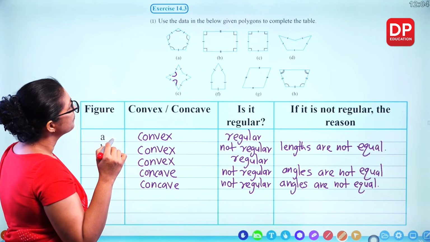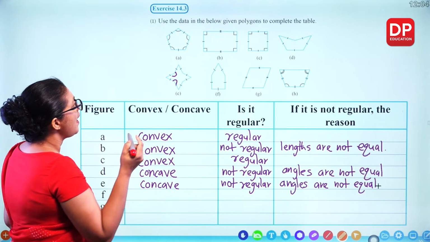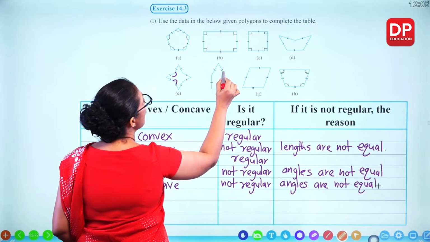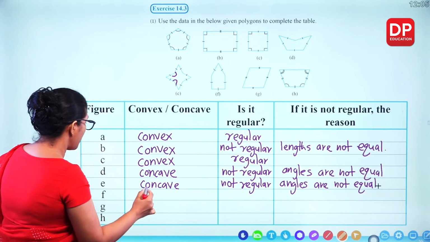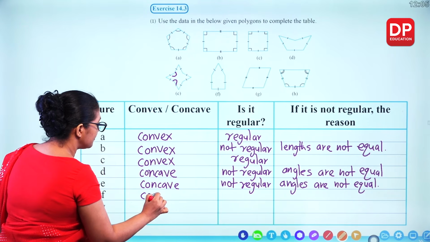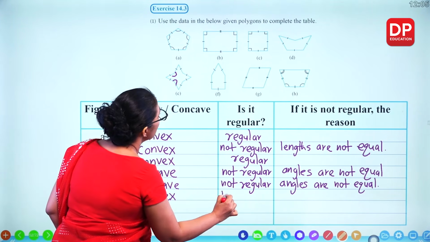F, all sides are equal but angles are not the same, and here all are obtuse or acute or 90 degree angle, so convex. So not regular.